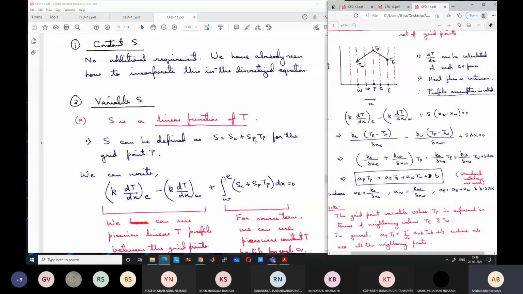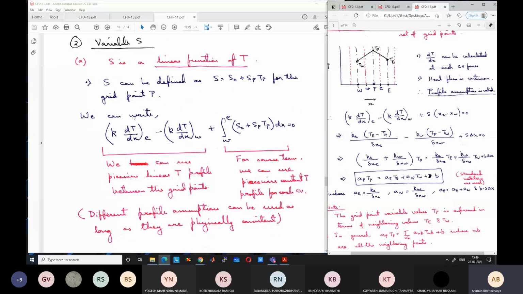Basically S is equal to Sc plus Sp T. In this case we had also solved, so we can write the equation as k dT/dx at east minus k dT/dx at west plus the integration from w to e of Sc plus Sp TP dx. Okay, and the equation was only slightly different.